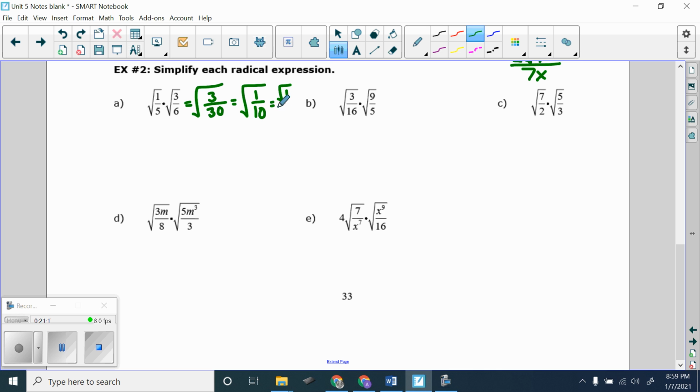Separate. Then multiply by rationalizing the denominator. Multiply by the denominator over itself. The top is the square root of 10. The bottom is the square root of 100, which just comes out as 10. You cannot simplify these. One is under, one is out, so you are done at this point.